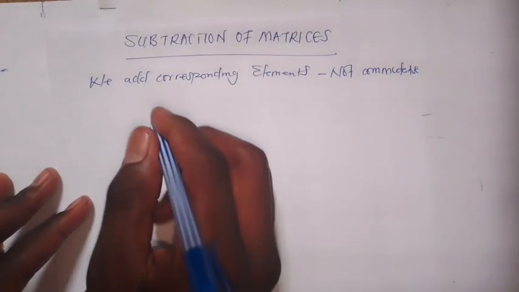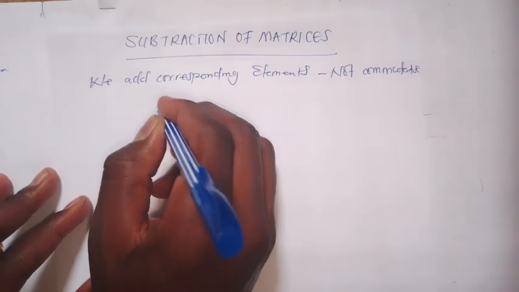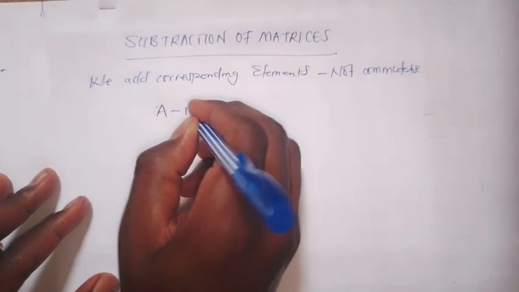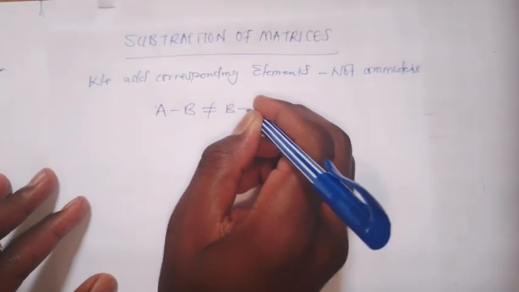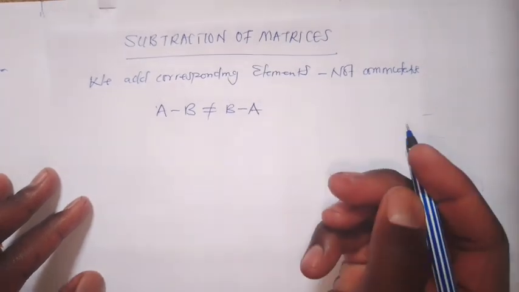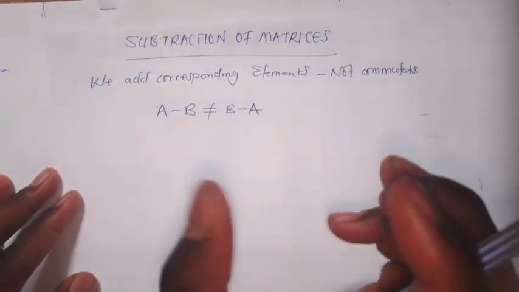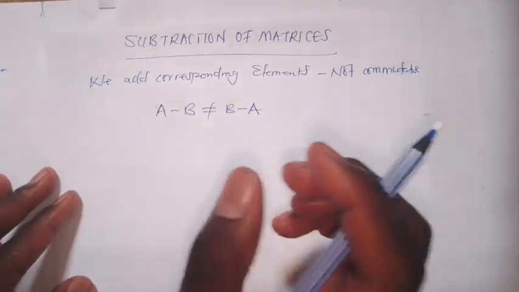Why? Because A minus B is not equal to B minus A. So subtraction is not commutative.